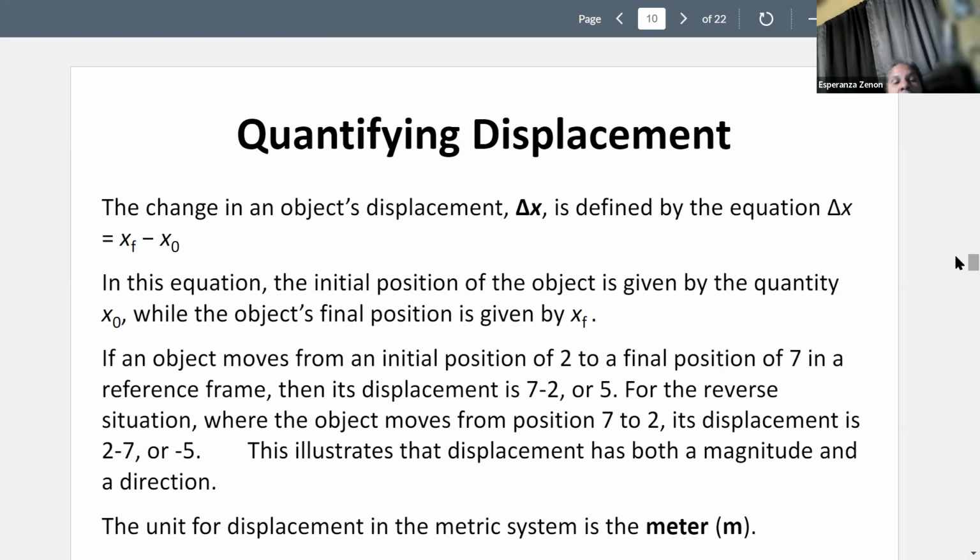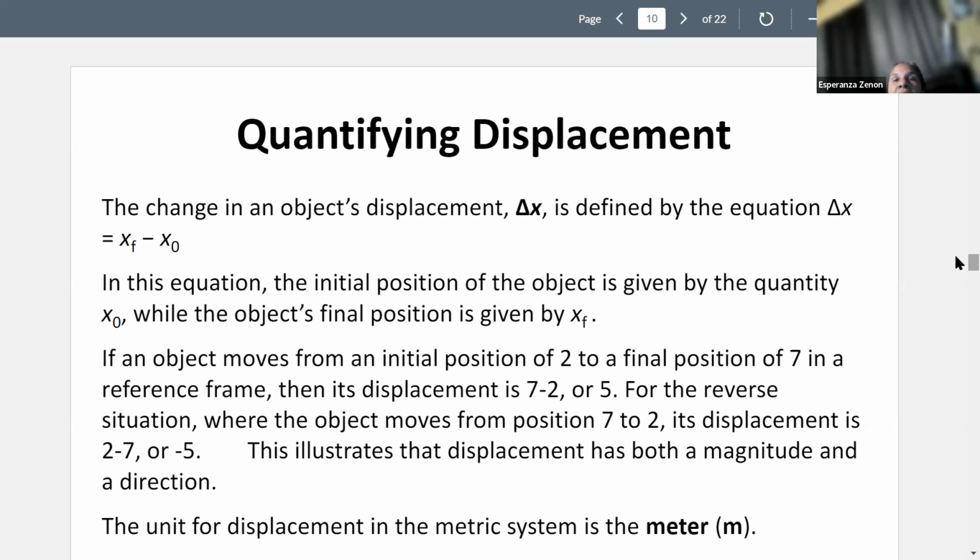We use the symbol delta X because we're using X as position. So delta X means the change in position, and that change in position is what we call displacement. In order to find the displacement, we take the final position minus the starting position.